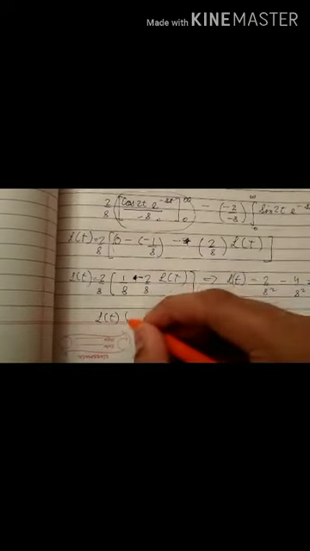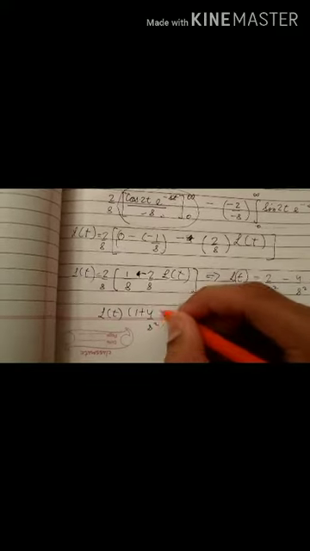So by equating both sides, L(t) equals 2 by s square minus 4 by s square times the Laplace of t. Taking the Laplace of t common, 1 plus 4 by s square equals 2 by s square.